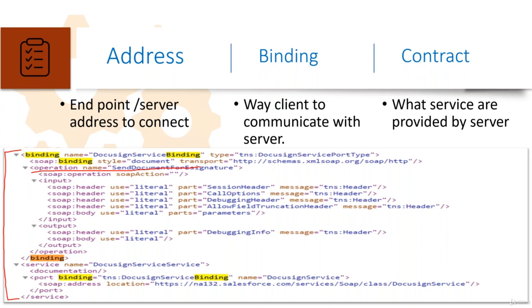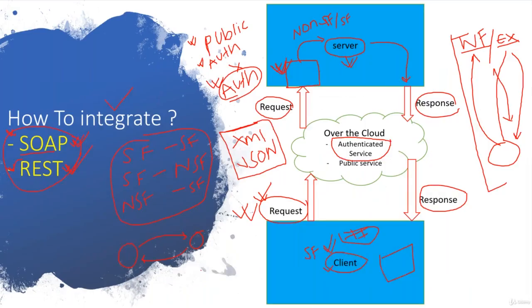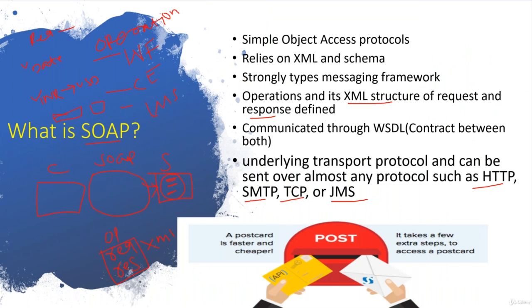In the same way, for these operations, the request parameters and response parameters are also defined. This is a completely XML-based file, a messaging framework protocol, which can use any protocol like HTTP, SMTP, TCP, or JMS to communicate.